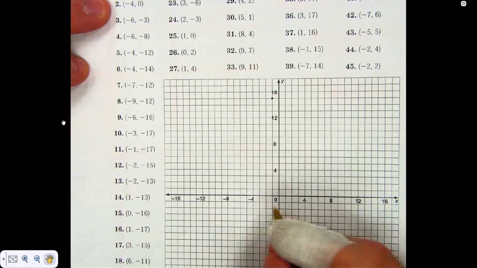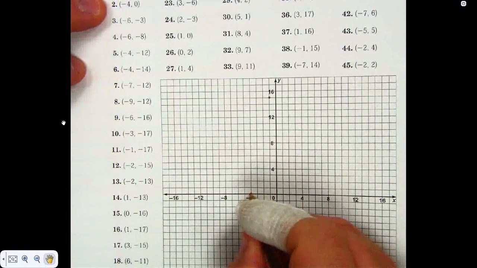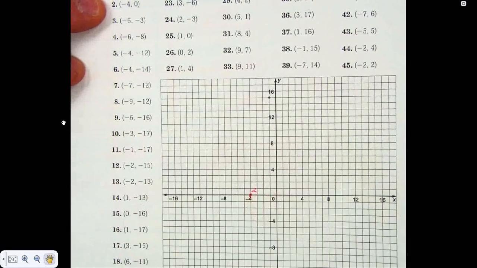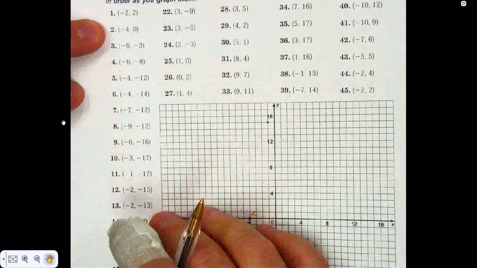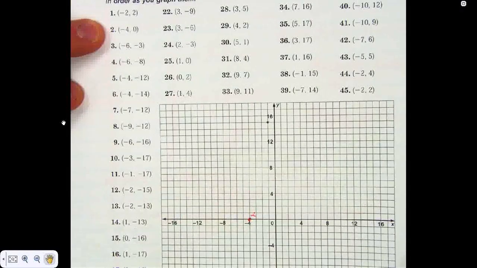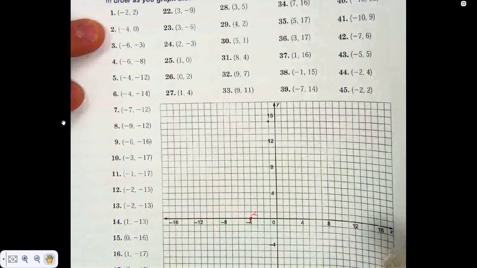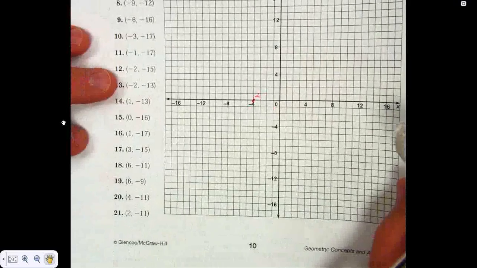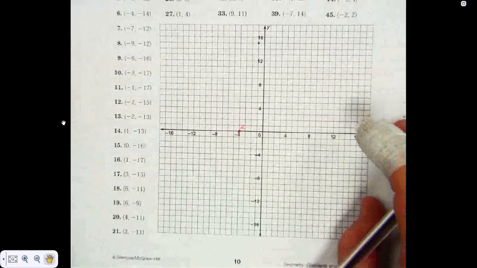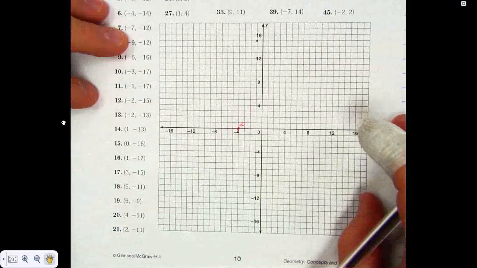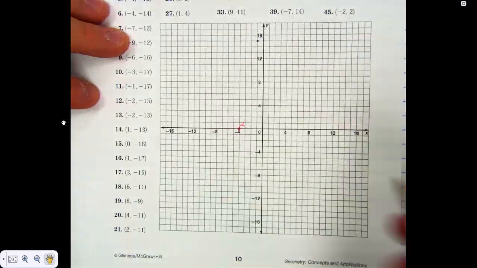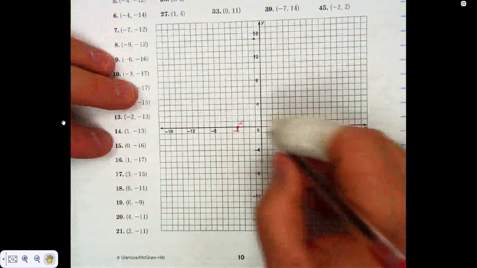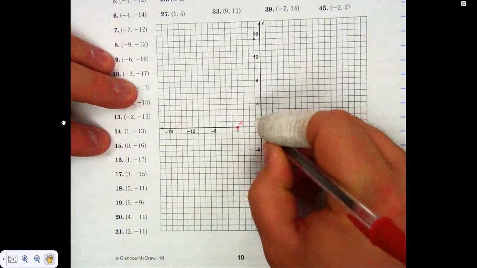Let's look at number 2. Negative 4, 0. There's number 2 right there, isn't it? Everybody with me? Yes, sir. Look along those. Is there any there that pose any problems for us? Number 15, be careful. 0, negative 16. So that's left or right, how many? Neither.